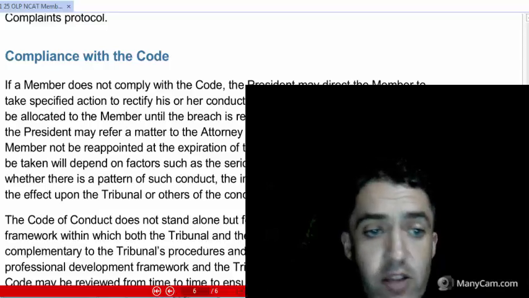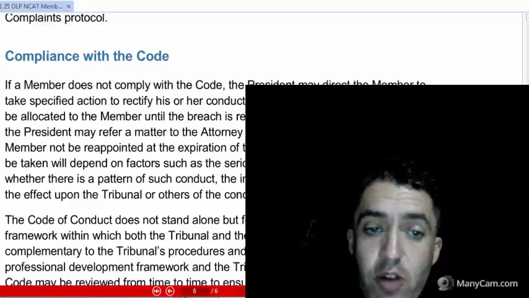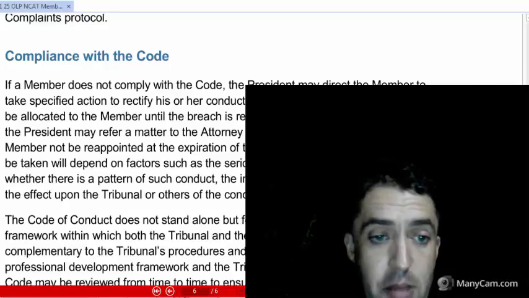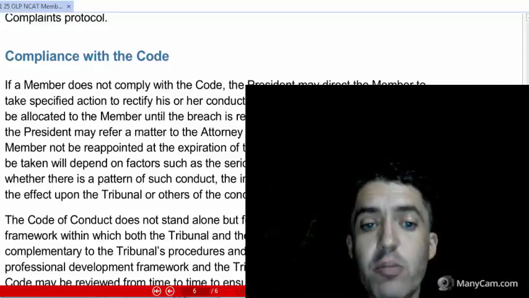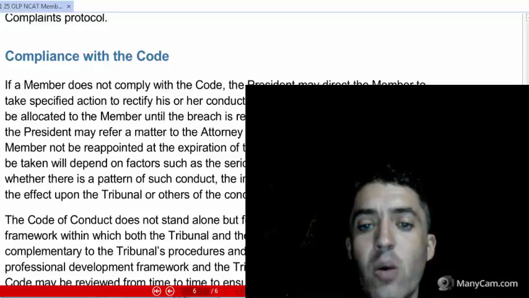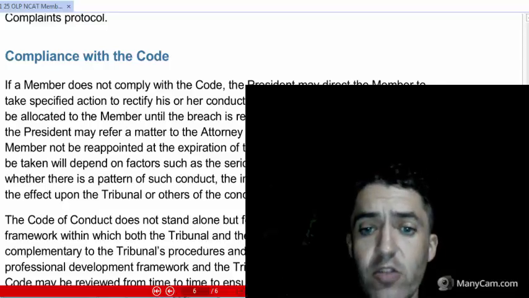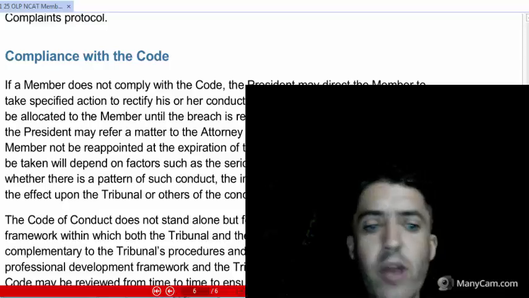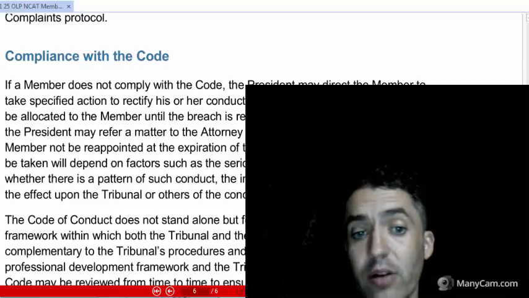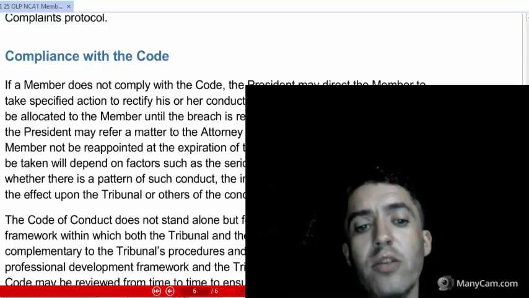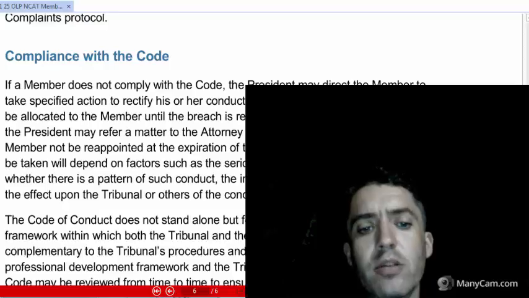In cases of serious breach, the President may refer a matter to the Attorney General or recommend that the member not be reappointed at the expiration of their term. Whether such action will be taken will depend on factors such as the seriousness of the conduct in question, whether there is a pattern of such conduct, the intent of the member concerned, the effect upon the tribunal, or others of the conduct.